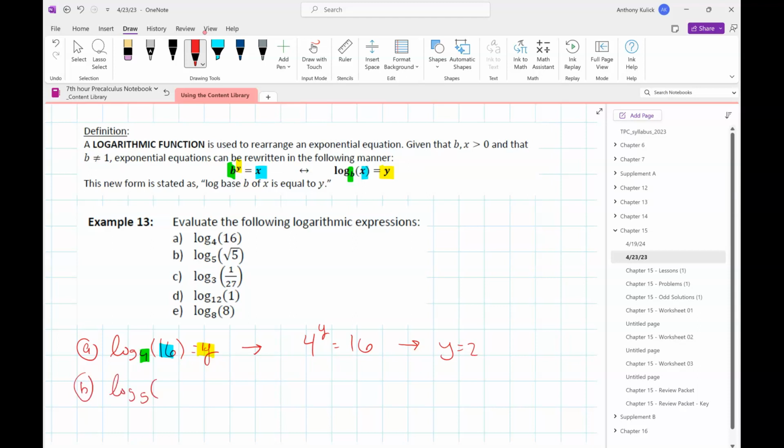So continuing on, kind of do the same way. So I do b to the y is equal to x. So what power of 5 is the square root of 5? Does anybody remember what exponent is equivalent to a square root?